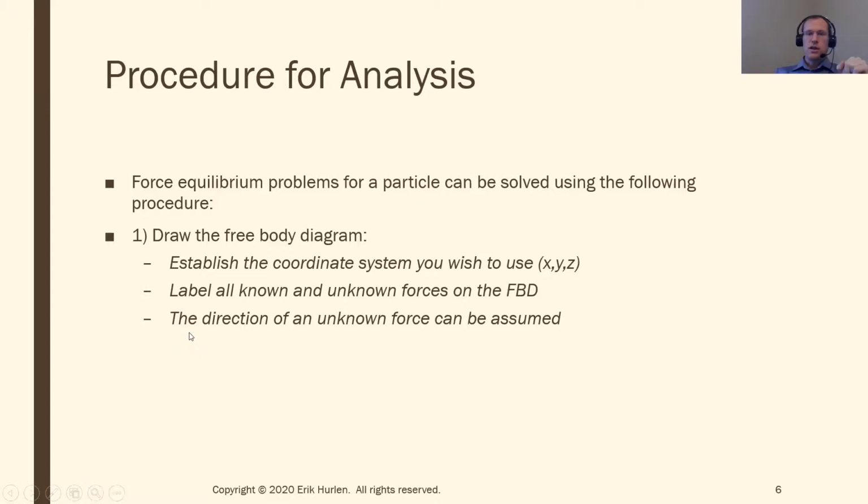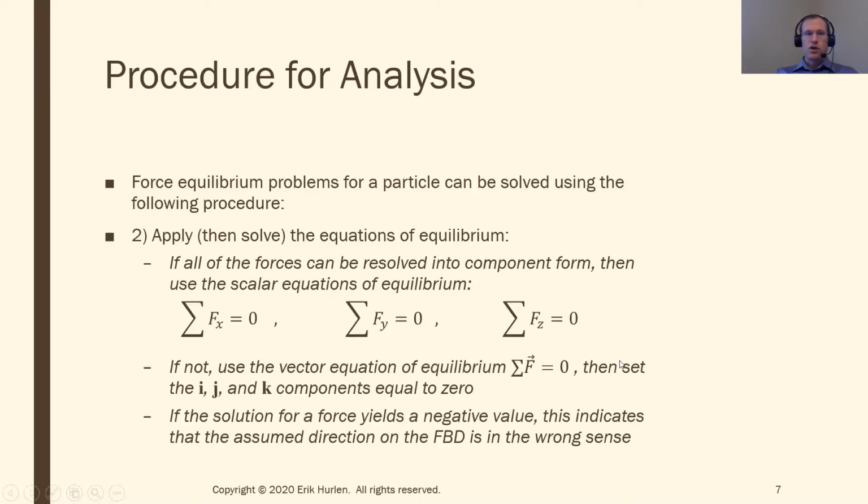And then, as mentioned in the previous slide, draw all your forces on your free body diagram. If you don't know anything about any force, whether point of application, magnitude or direction, you can assume that on your free body diagram and solve for it later, which is basically part 2.